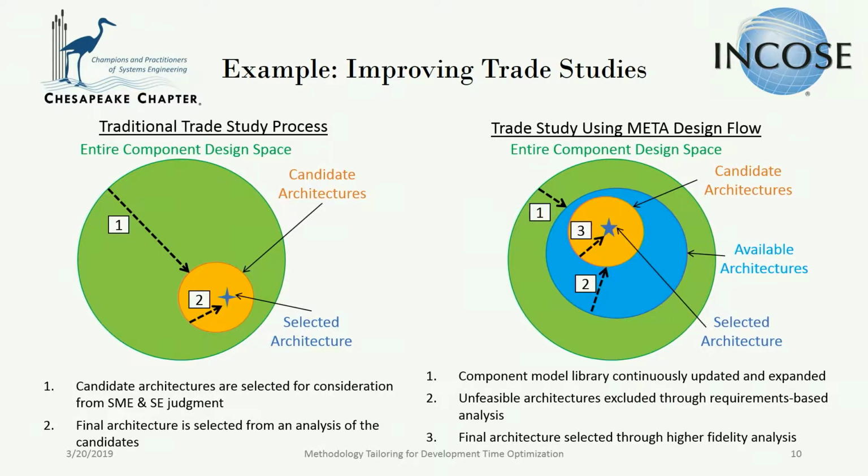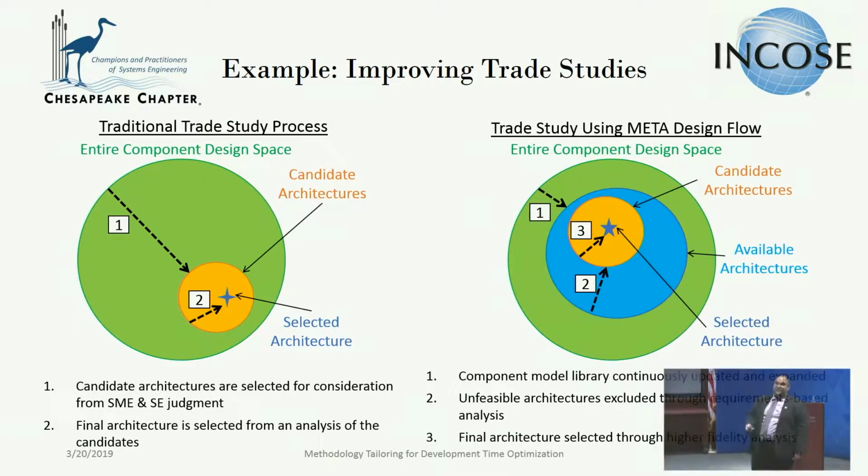And potentially, and this isn't going to always happen, but potentially by increasing the number of architectures that are being considered in the trade study at all, you would be more likely to not miss your optimum design architecture in the first place.